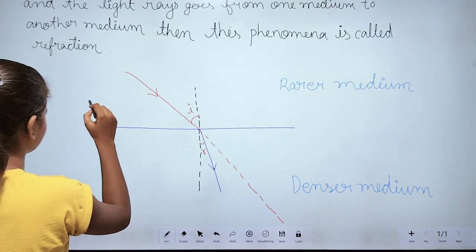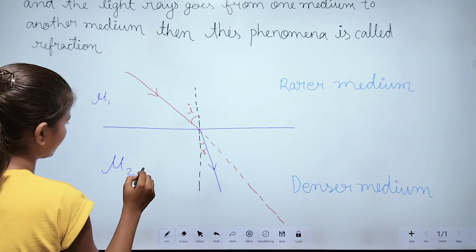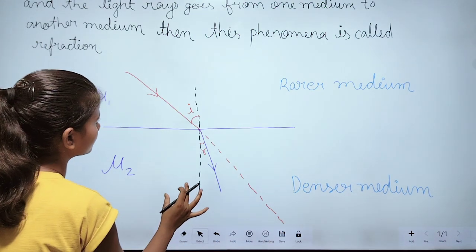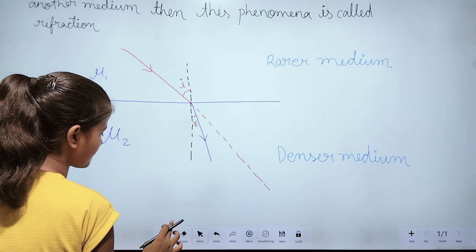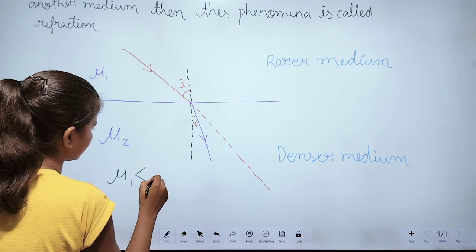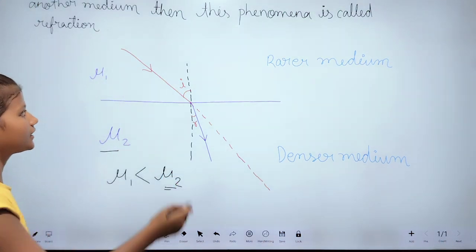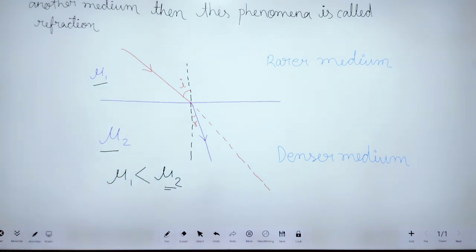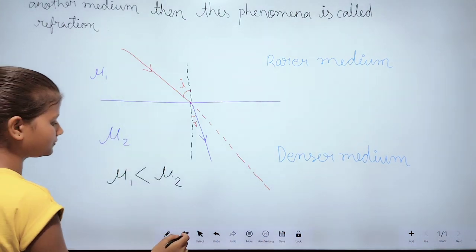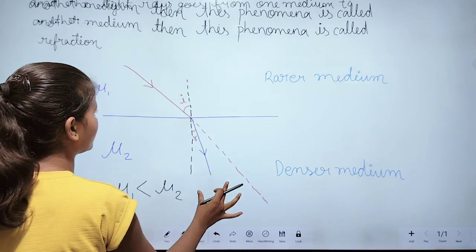This one is mu1 and this one is mu2. Here mu1 is less than mu2. Why? Because mu2 is the denser medium and mu1 is the rarer medium. That's why mu2 is greater than mu1.